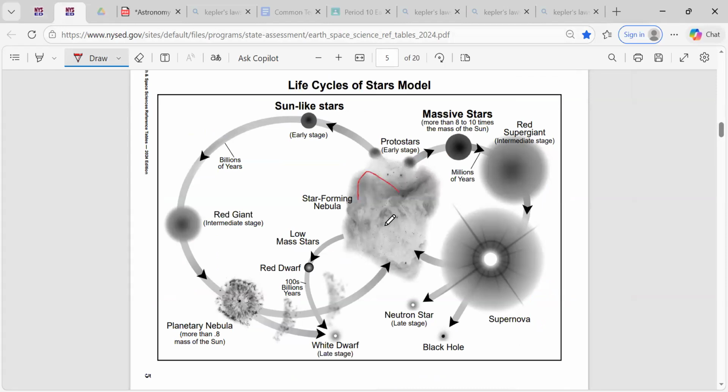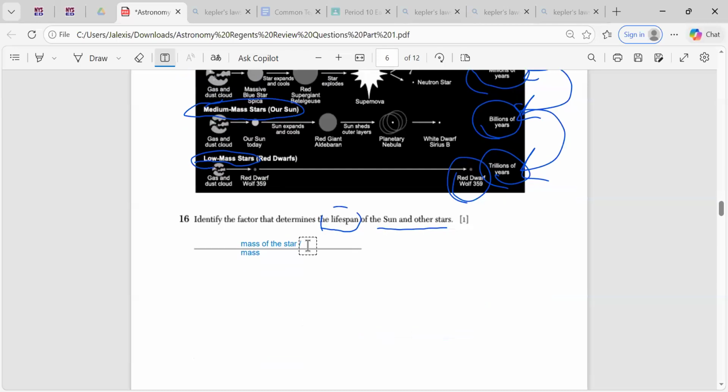In the early stage, they all start off as protostars, but you see it says massive stars and sun-like stars. So that lets me know even here the pathway splits based on the mass of the star. All right, so that's why the answer would be mass of the star, or you could have said mass.